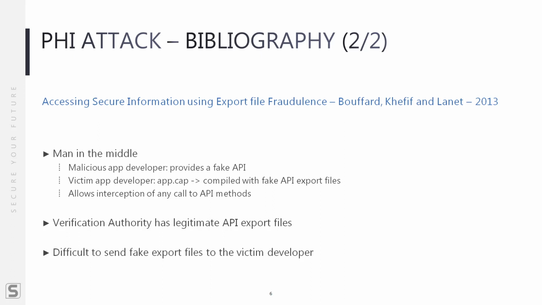Moreover, even before performing the verification phase, the difficulty here is to force the victim developer to use export files from the malicious developer. Indeed, it is expected that export files are directly taken from the JavaCard development kit from the Oracle website.